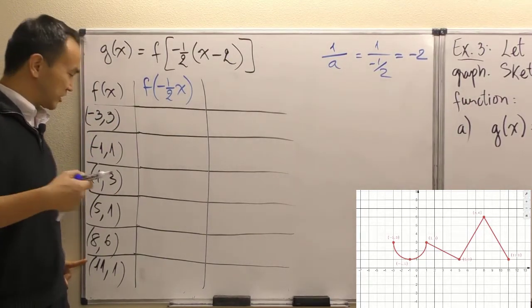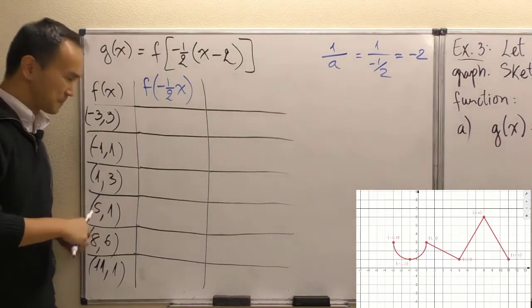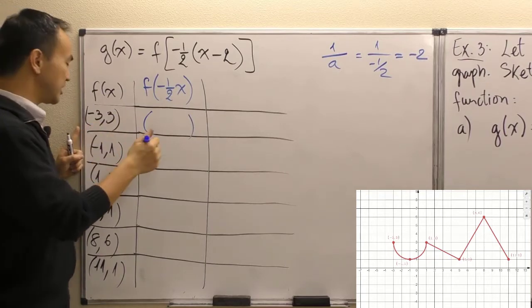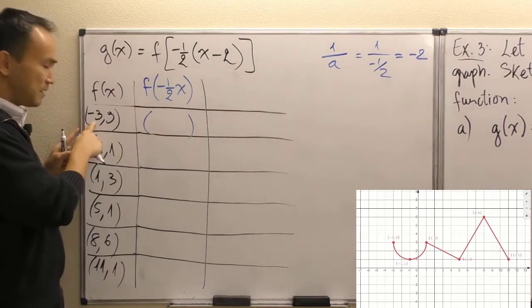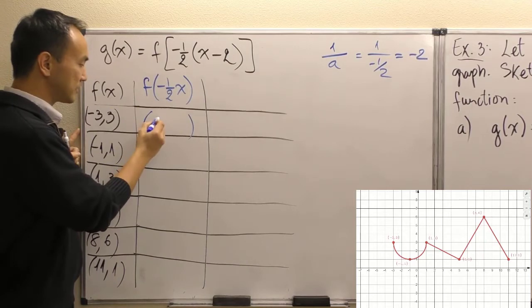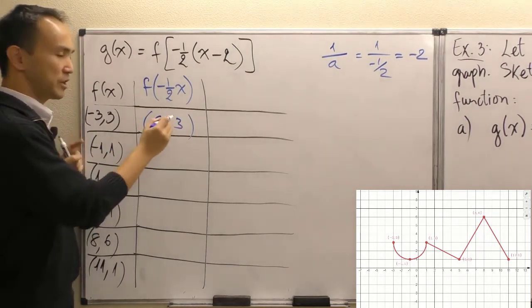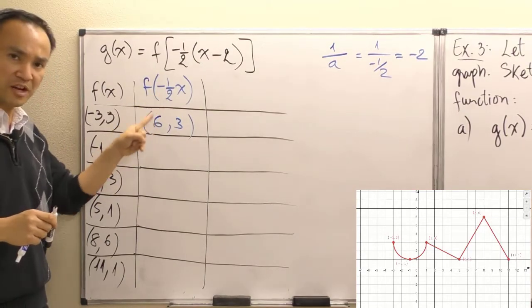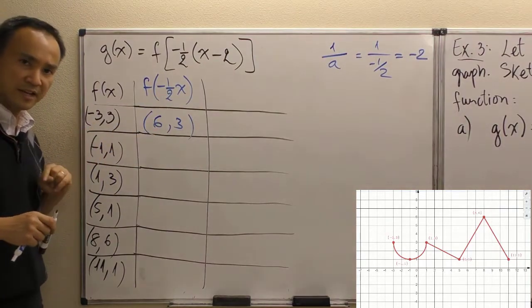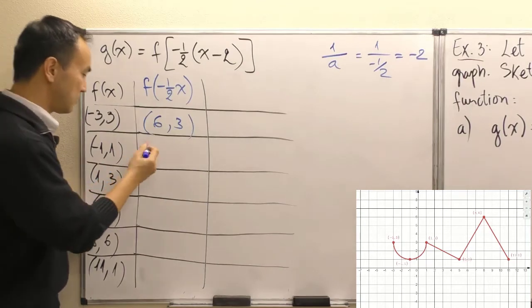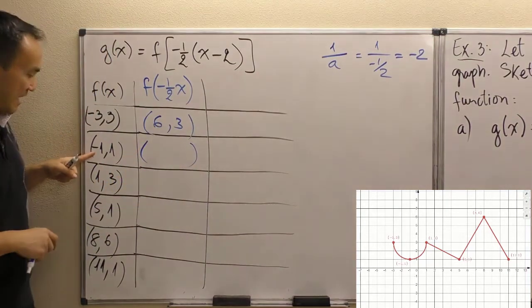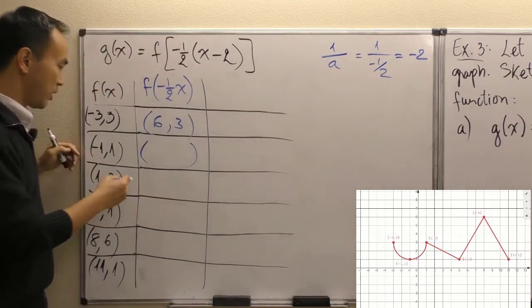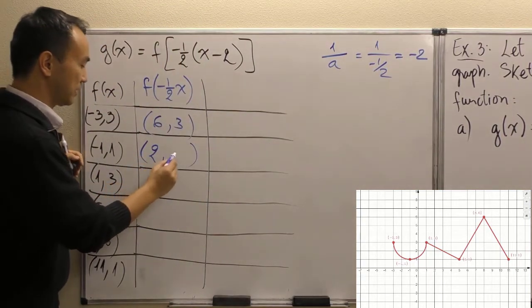We just simply need to focus on these guiding points. In the next step, my first point is transformed into: negative 2 times negative 3 gives me a positive 6, comma 3. Nothing happened to the y value, only the transformation applied to the x value. Next, I have negative 1 times negative 2, which gives me a positive 2, comma 1.